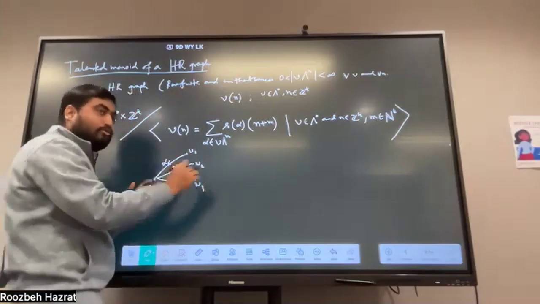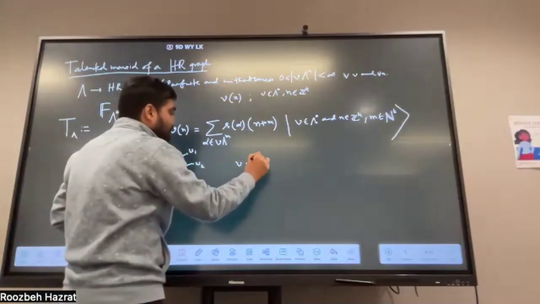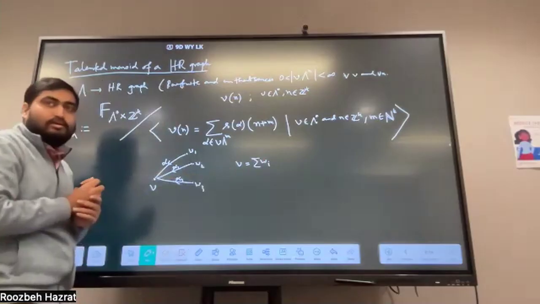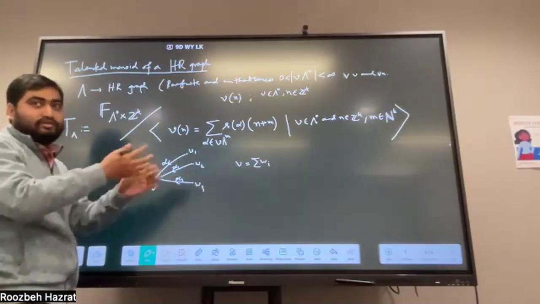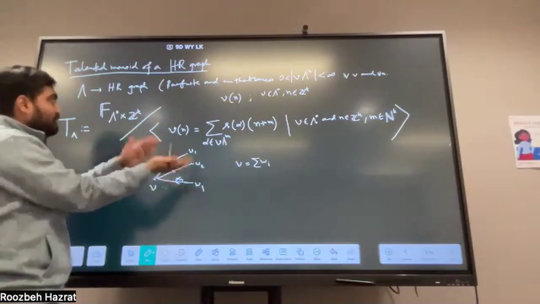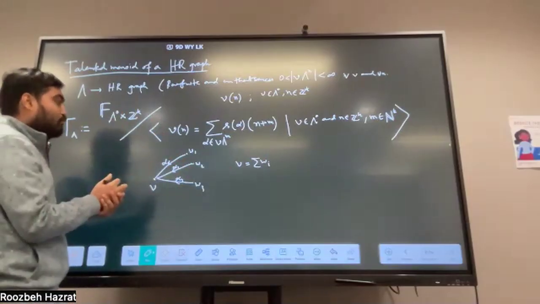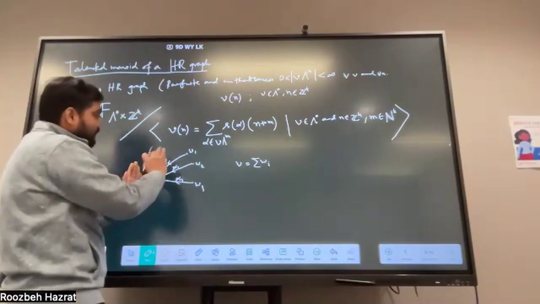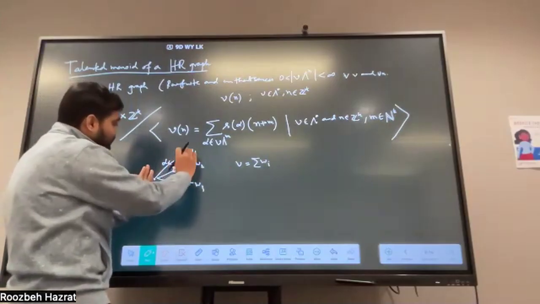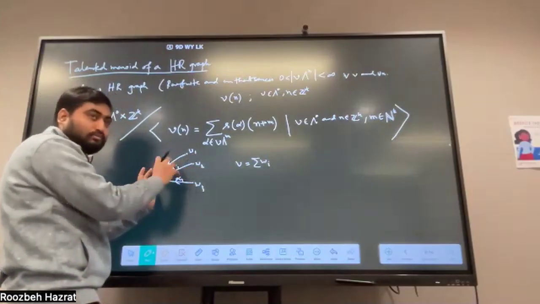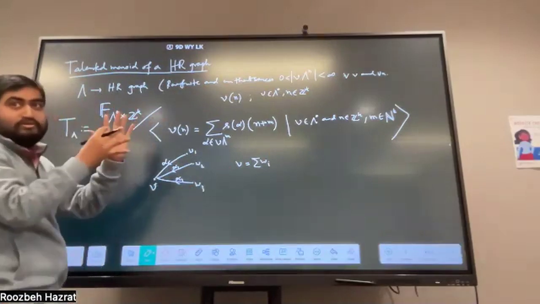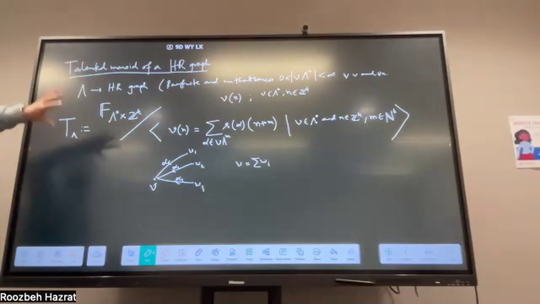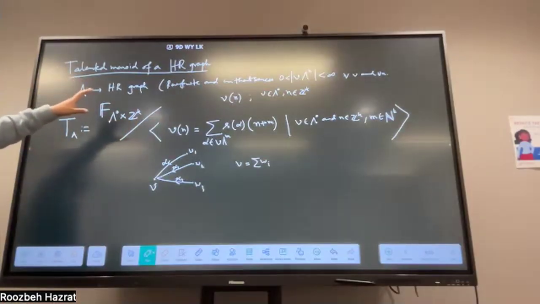In the ordinary graph monoid, you will just write P same as the sum of the Wi's, right? In the directed graph monoid, or even in this setup, we have also a notion of k-graph monoids. But in the talented monoid, you actually associate this length of paths. So somehow these lengths are captured in the definition. And that affects a lot when you try to characterize these algebraic properties of the algebra which one associates with the higher rank graph, via these monoids, right?